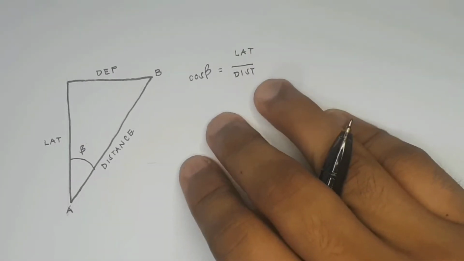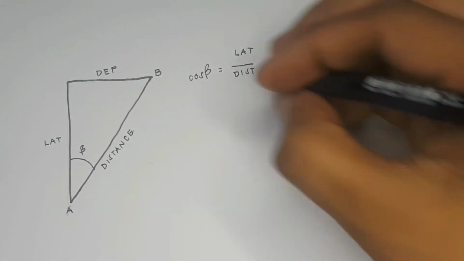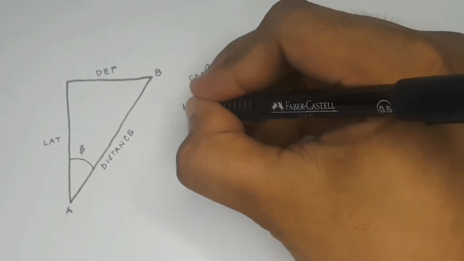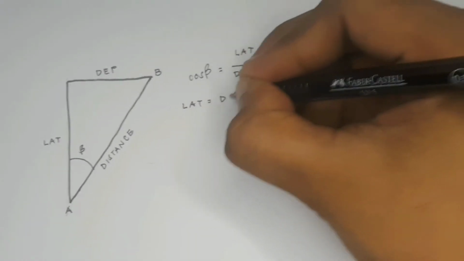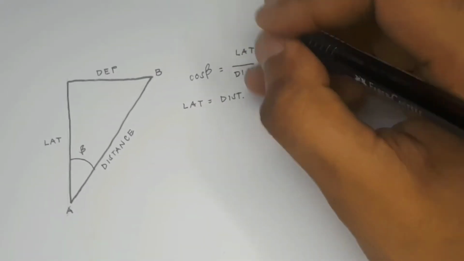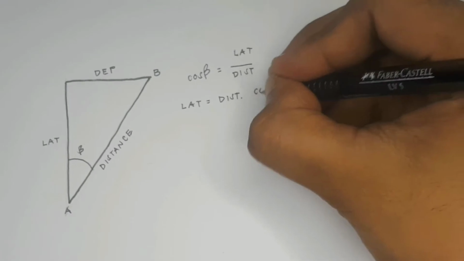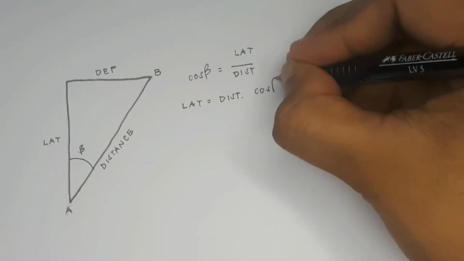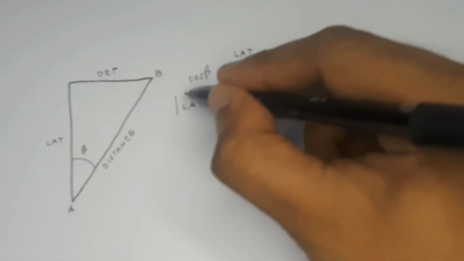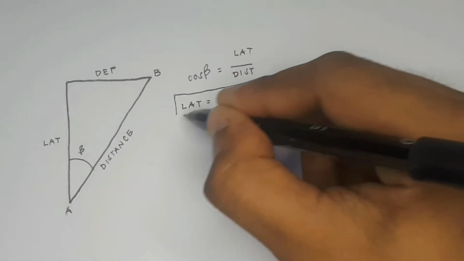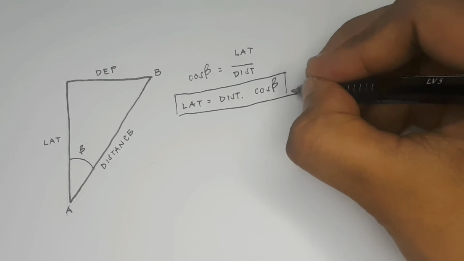So our formula for latitude is: latitude equals distance times cosine of the bearing angle.